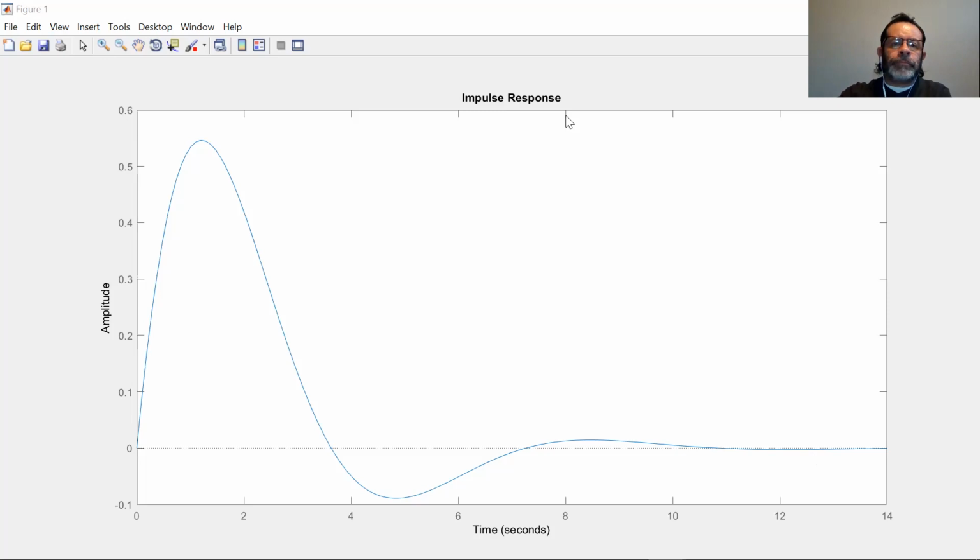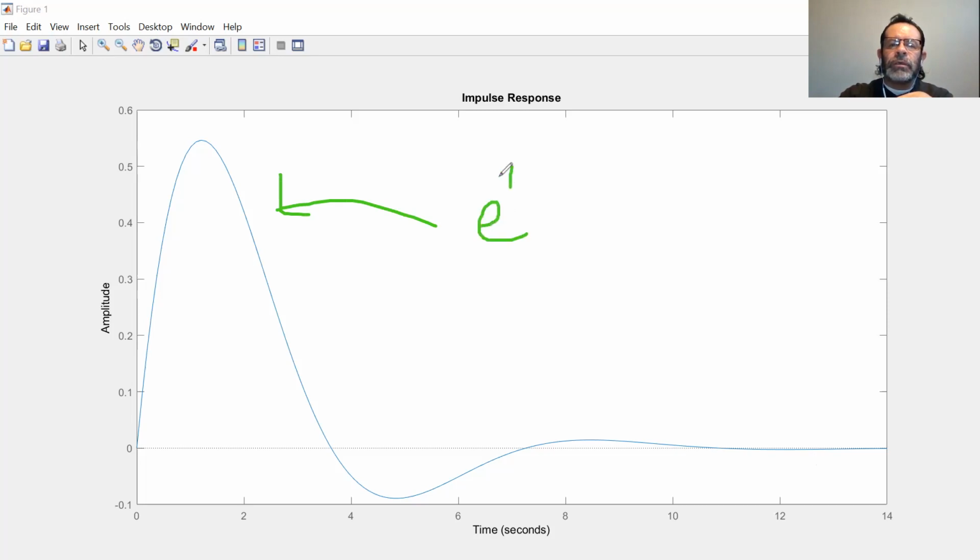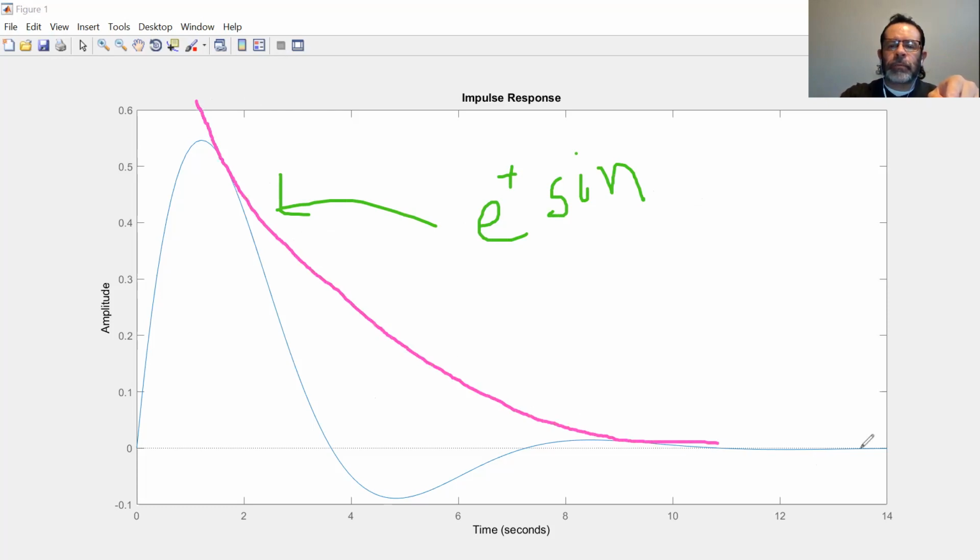What's important to note here is that if we were to solve this equation mathematically, the model for this is going to be an exponential multiplied by some sort of sine. So it's an oscillating behavior that decays exponentially. And that's the behavior of a typical second order system.